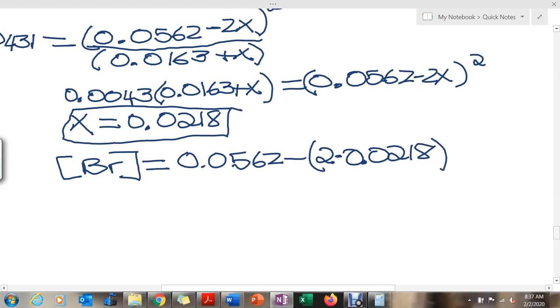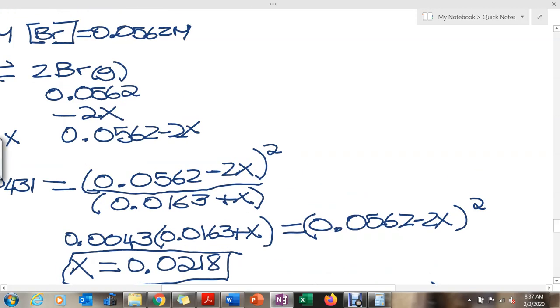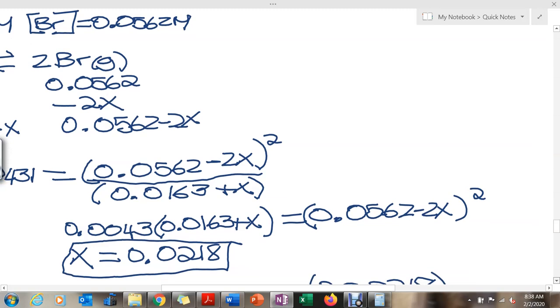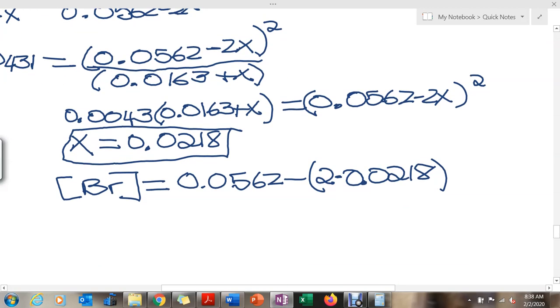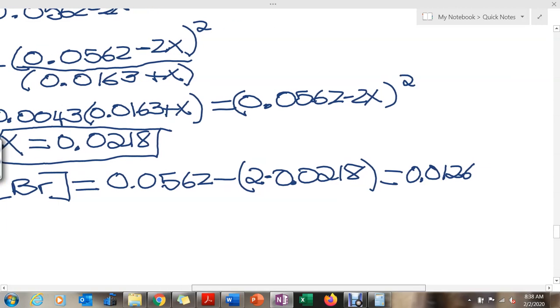Do you see it? Because here the concentration of Br is 0.0562 minus 2x. Don't even think that you put it to the square, because the square is for the equilibrium expression. So what you need to do is solve for this, and it's going to be 0.0126 molar.